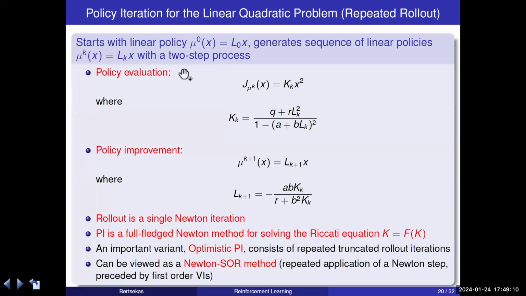If it's stable, then all the subsequent policies will be stable. That's a fact that you can prove, and it's easily seen both graphically and also analytically. Yes, these updates guarantee the stability of all the policies if you start with a stable policy. If you don't have a stable policy to start with, then you're in trouble.